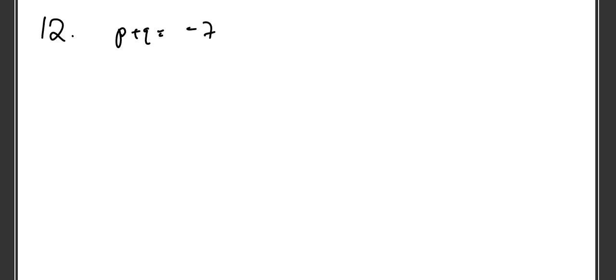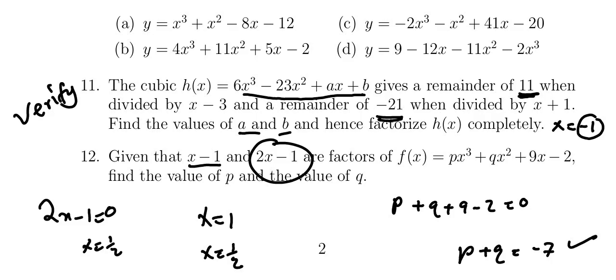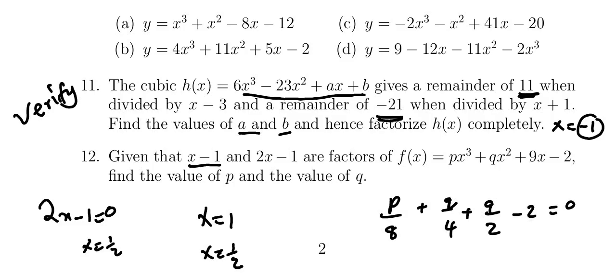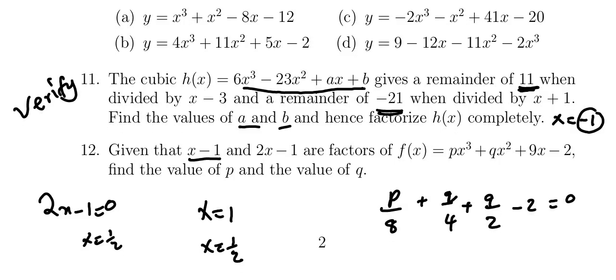Now we want to replace with half everywhere, wherever there's x, so that we get the second equation. So if I put half here, this is going to be p over 8, then plus, because it will be half to the power 3, right? Then here it will be q over 4, plus 9 over 2 minus 2 is equal to 0. I can multiply everything by 8 to simplify things.